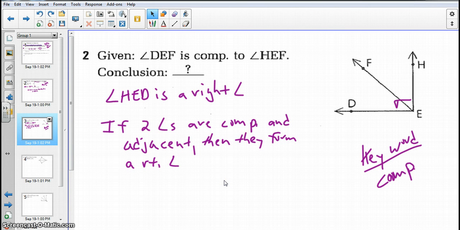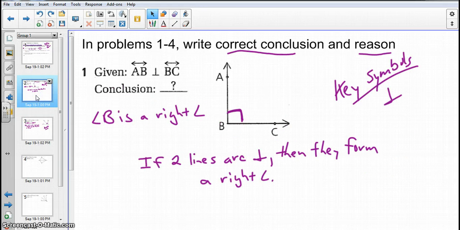Also, let's think about what the word complementary means. The definition of complementary means complementary angles are 2 angles whose sum is 90 degrees, so in other words, a right angle, which differs slightly from what we were talking about in example 1. Perpendicular, 2 lines are perpendicular, then they form a right angle.